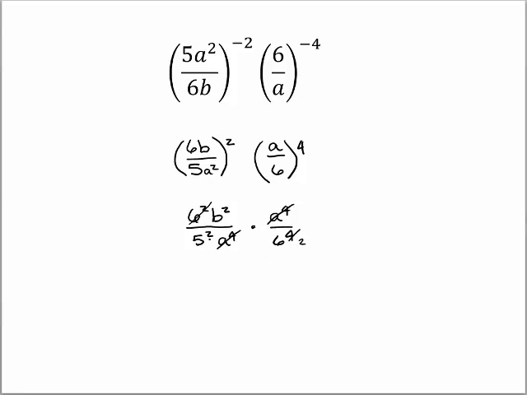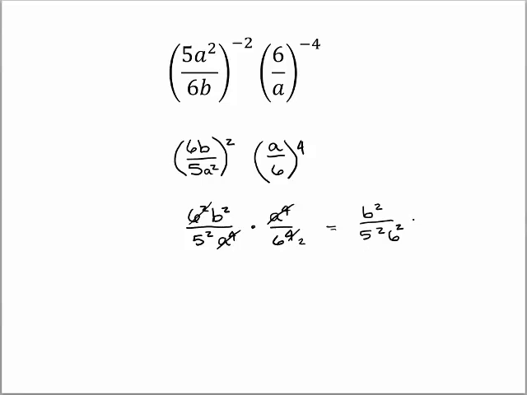And we have 5 squared here. So let's put what we have left over. We have b squared, and we have 5 squared times 6 squared.